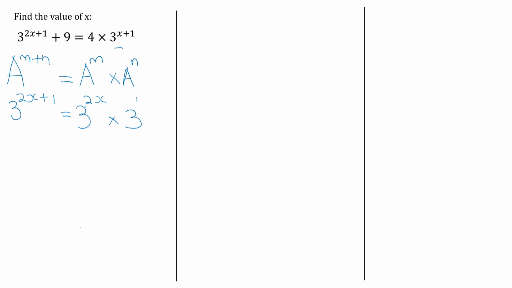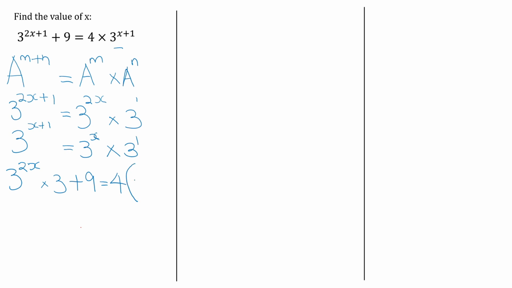In this case, you have 3 to power x plus 1 is the same as 3 to power x multiplied by 3 to power 1. Rewriting the equation, you have 3 to power 2x multiplied by 3 plus 9 is equal to 4.